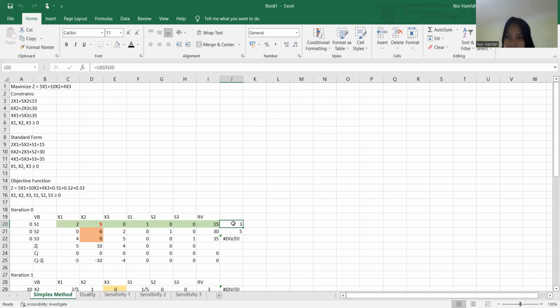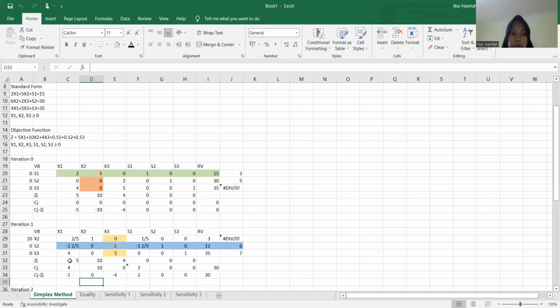Then that is the key row. This is the smallest, so this is the key row, and the intersection of the key row and key column is the key number. This is the 5, this is the key number. And then because there is still a negative value, it is not optimal, so we continue to the next iteration.